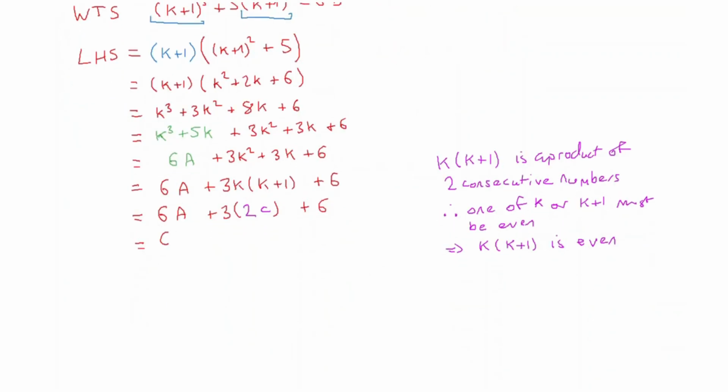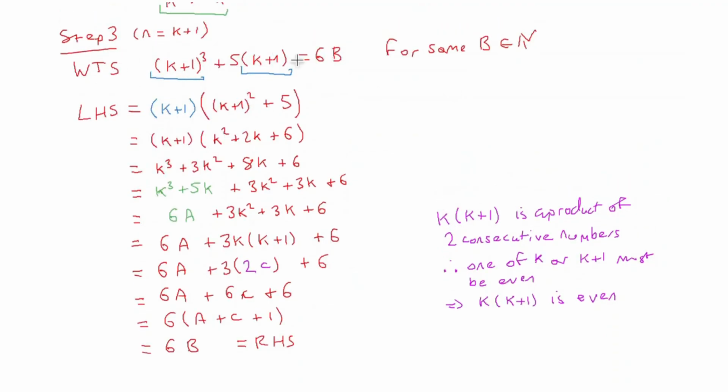Now we have 6a plus 6c plus 6, which is equal to 6 lots of a plus c plus 1, which is equal to 6b, which is our right-hand side. We have shown what we wanted to show, that k plus 1 cubed plus 5 lots of k plus 1 is a multiple of 6.